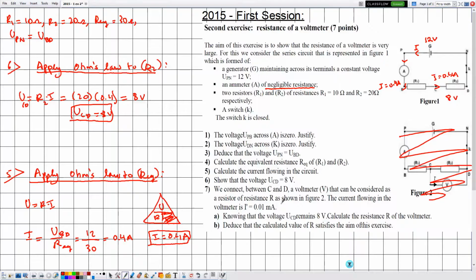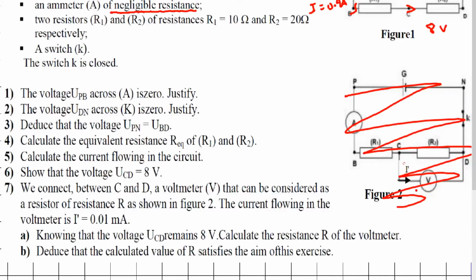Now in number 7, they are telling us that we connect between C and D a voltmeter V that can be considered as a resistor of resistance R as shown in figure 2. Then they mentioned figure 2, so now we can use it.